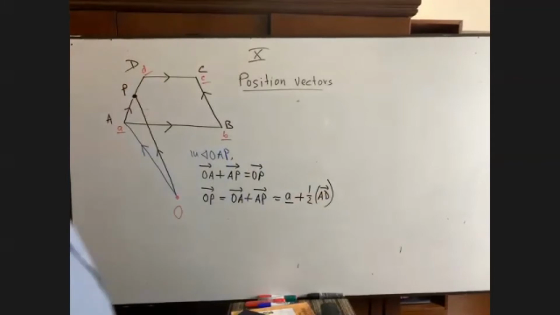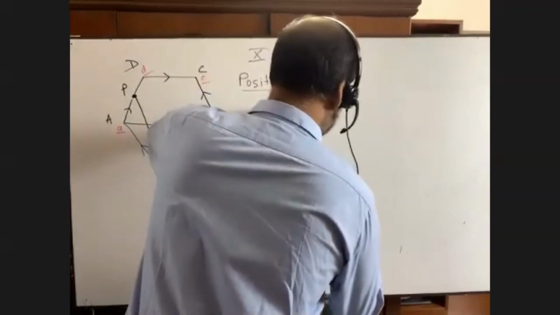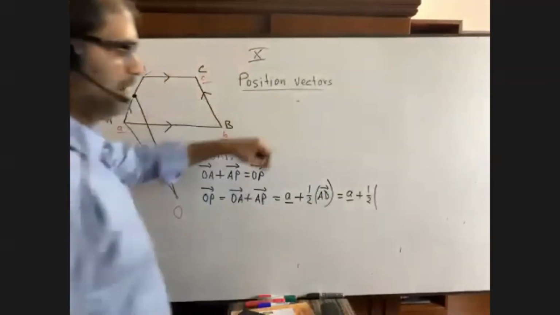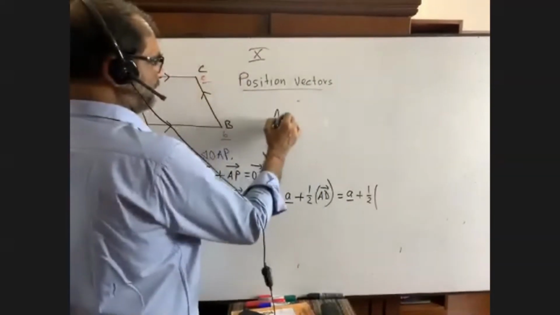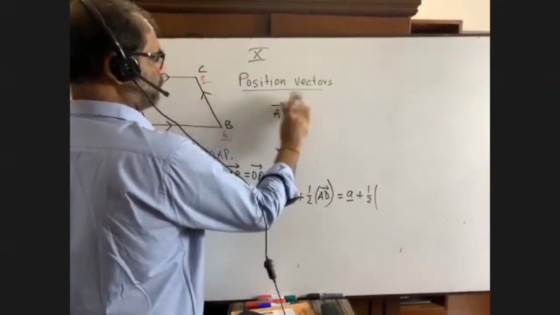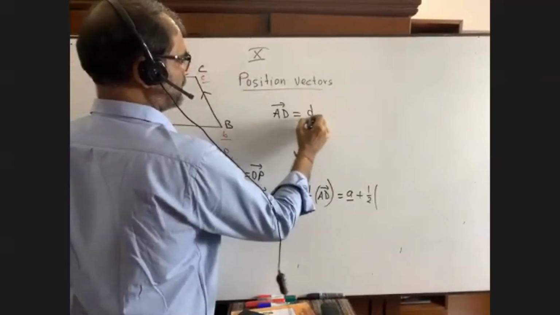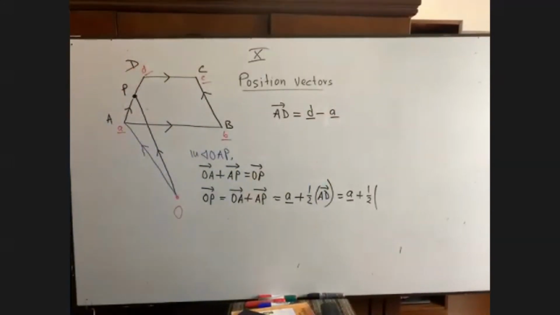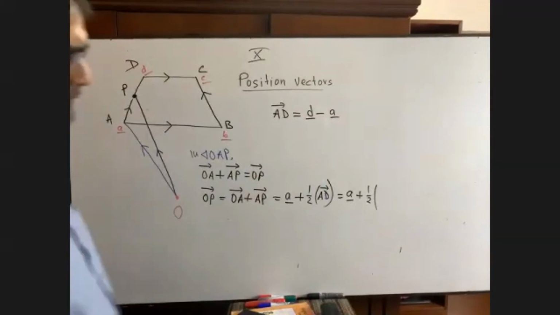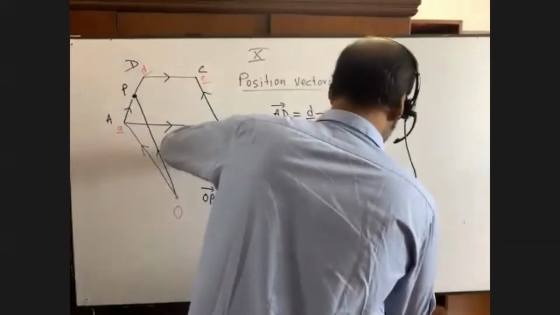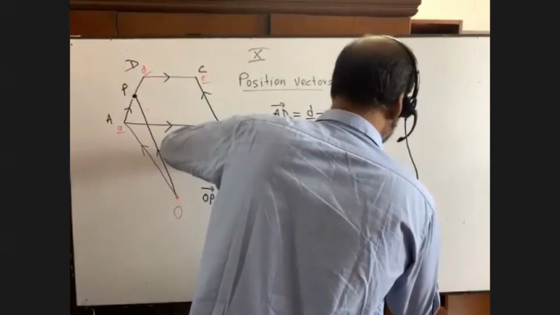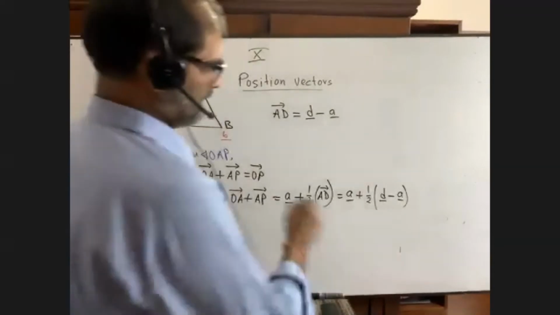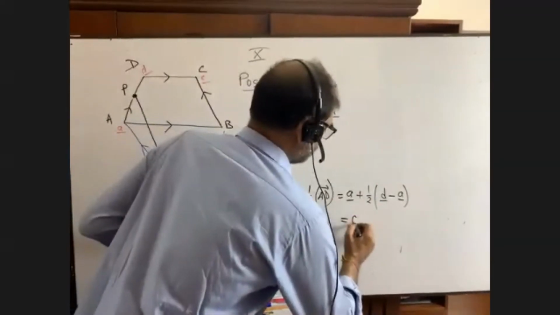Okay. Now let me know. A plus, what is AD? AD means what? Let me know. I proved it today at first. AD means D minus A. Am I right? Yes, sir. So AD equals D minus A. Can you write? Now you calculate it.